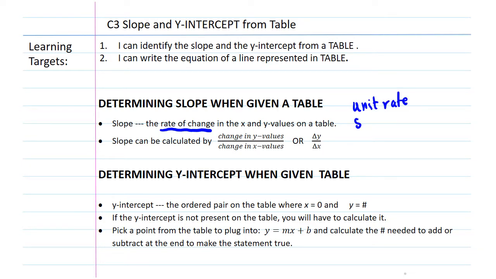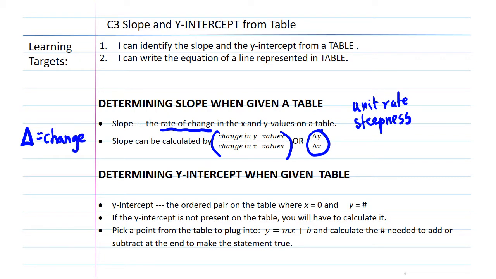On a graph, it measures the steepness or how fast something is constantly increasing or decreasing. Okay, slope can be calculated with the change in y and the change in x. Do you remember what that little triangle symbol means? The triangle translates to change.